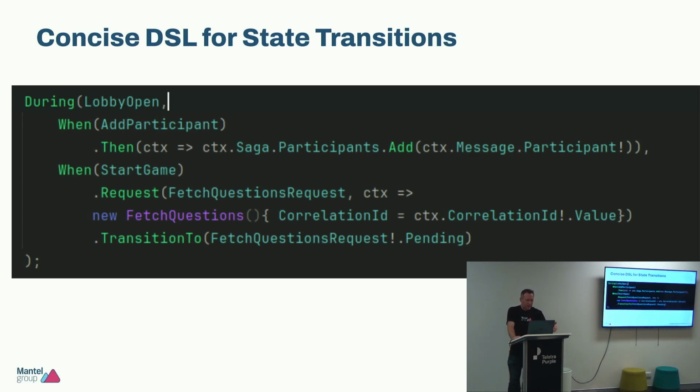Later on, when we call start game, we're going to fire a request to fetch questions. And then when that's done, we're going to transition to the fetch questions request pending state. So now we're in a sort of sub-state of waiting for those questions to come back.